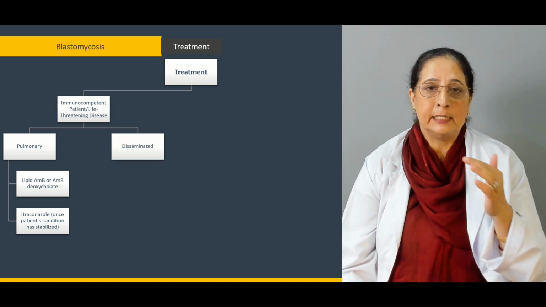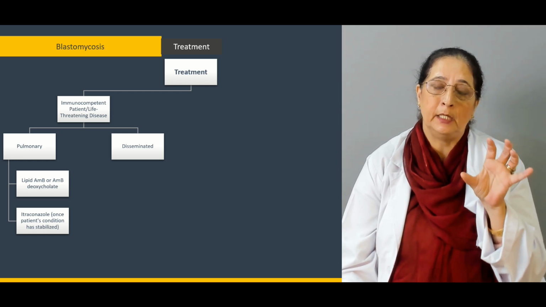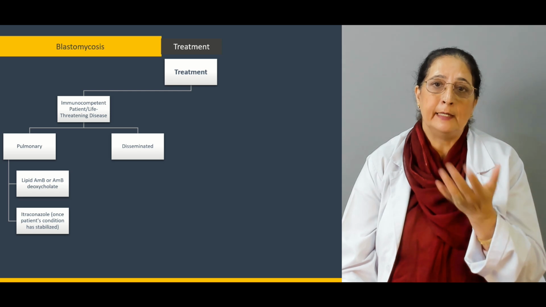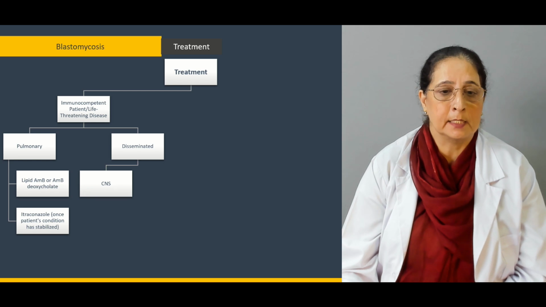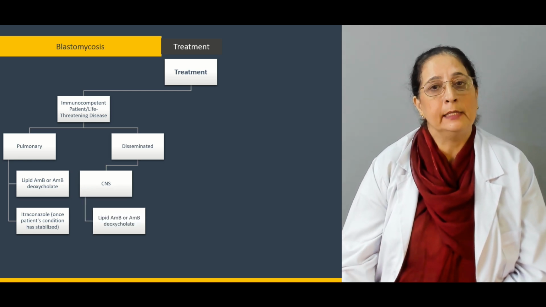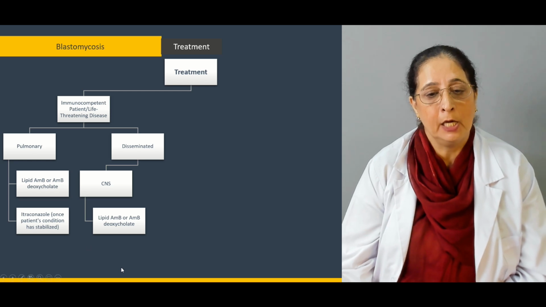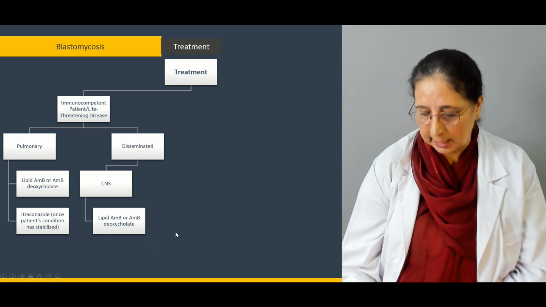Another is disseminated. One is just for the pulmonary when it is limited to the lungs. Then we have disseminated when it spreads to areas other than the lungs. For the central nervous system, we treat with lipid amphotericin B or amphotericin B deoxycholate.